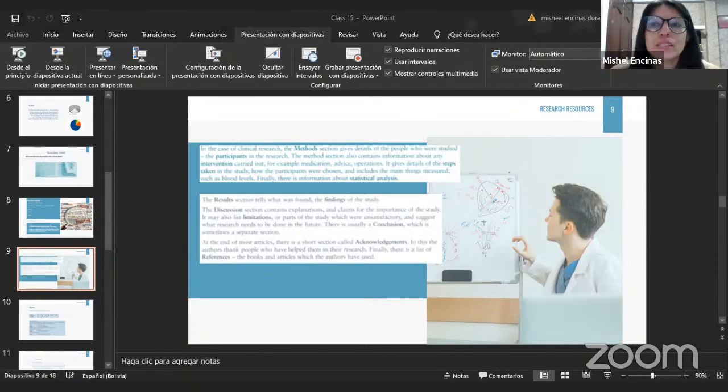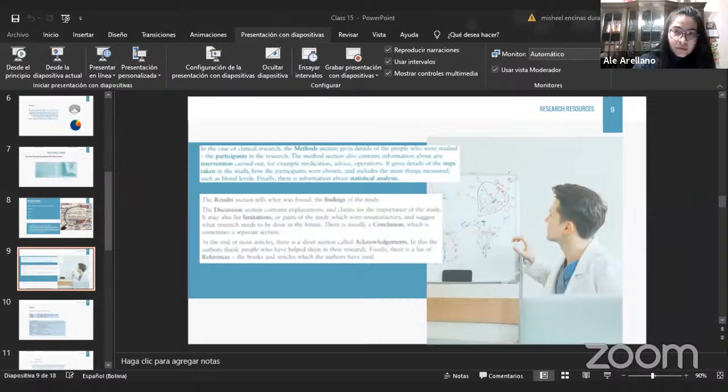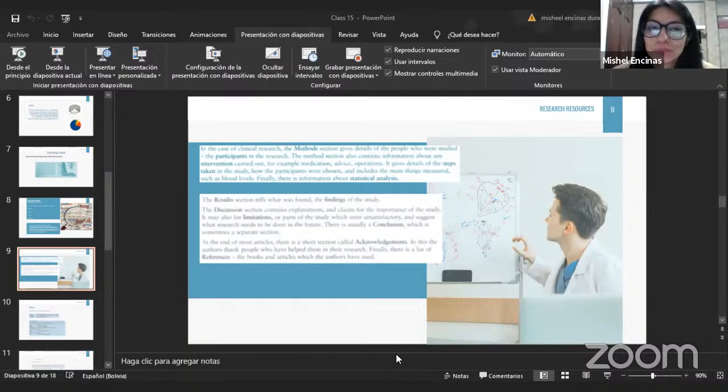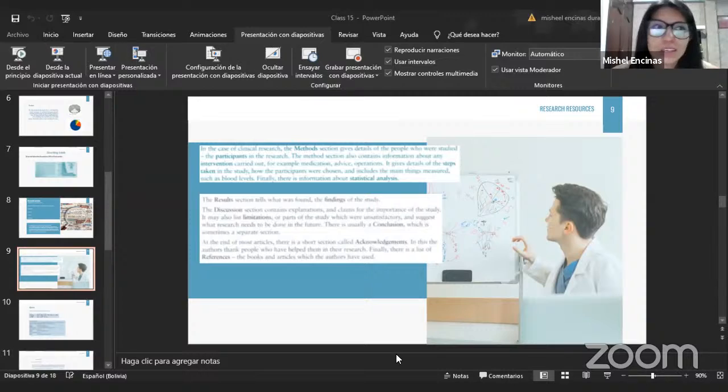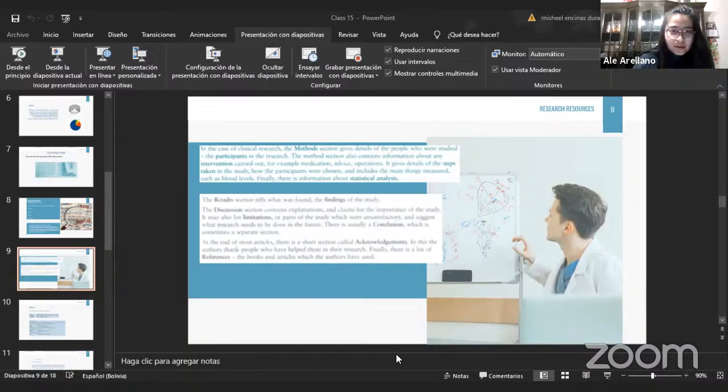I don't know if you can see this. Can you see what I just wrote? Yes, but it's small. Okay. Can you see it now? It's here. It's the same.